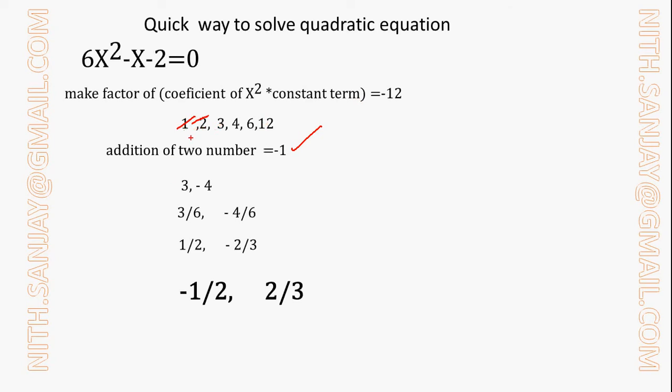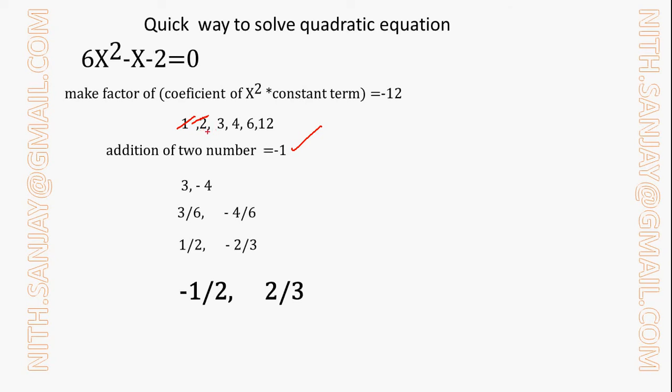I can take 1 and 4, its product will never be 12. I can take 1 and 12, its product will be 12, but its addition can never be -1. I can take 2 and 3, but its product cannot be 12. So 2 and 3 is not a viable solution, sorry.